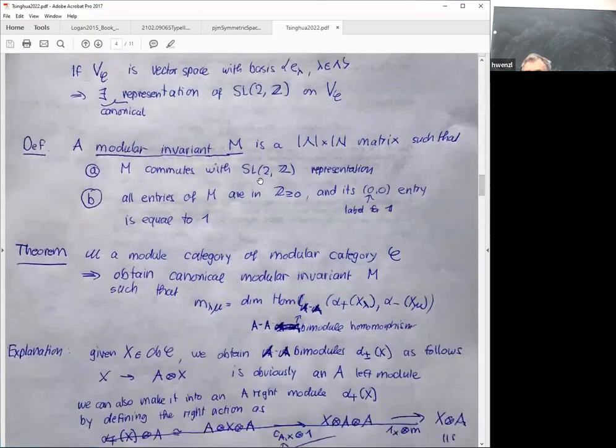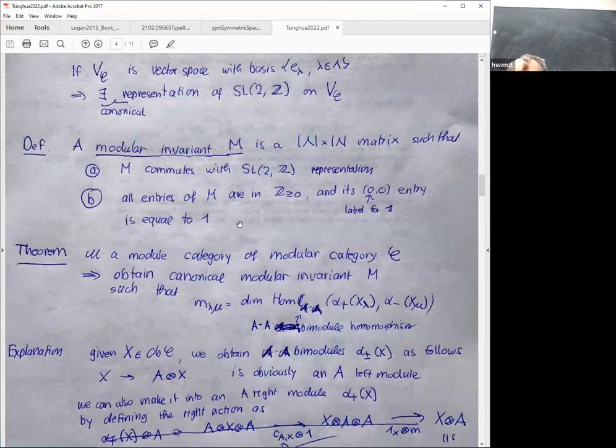A modular invariant M is again a lambda cross lambda matrix, such that M commutes with the SL2Z representation, and all entries of M are non-negative integers. And moreover, it's normalized such that its 0,0 entry, where 0 is the label for the trivial representation, is equal to 1.